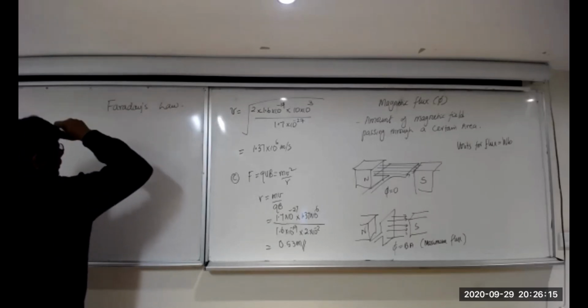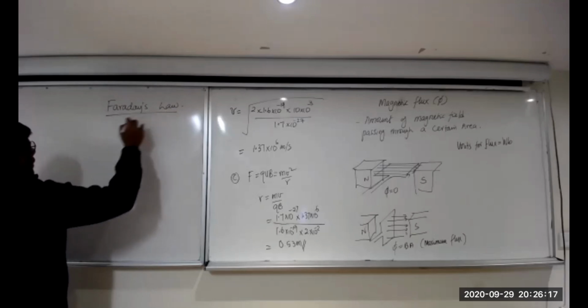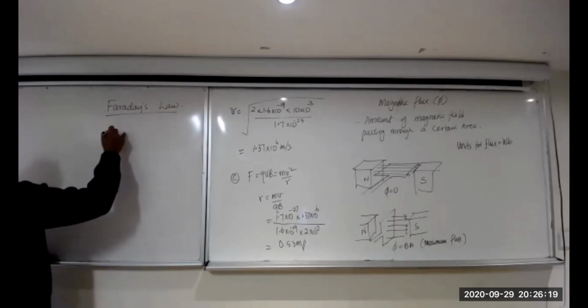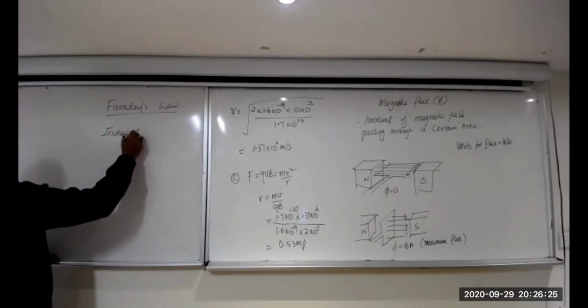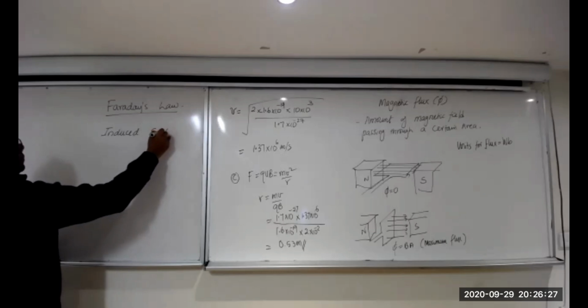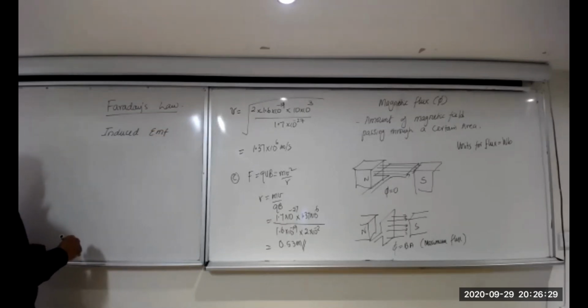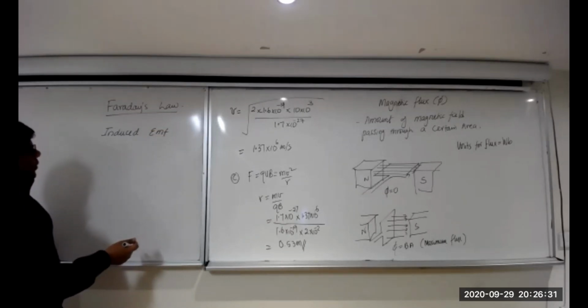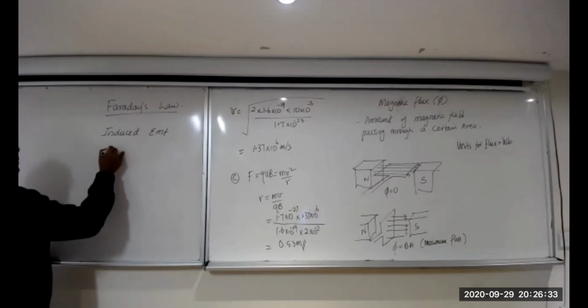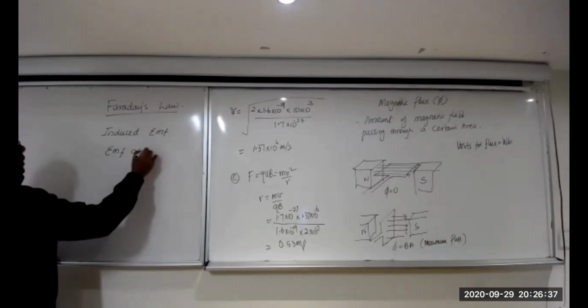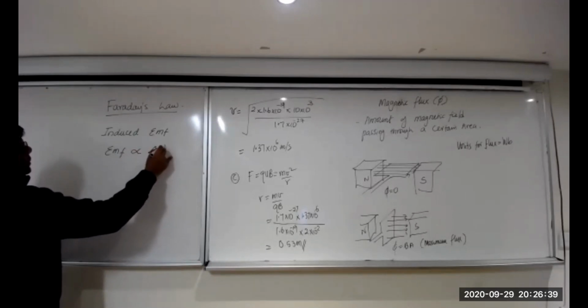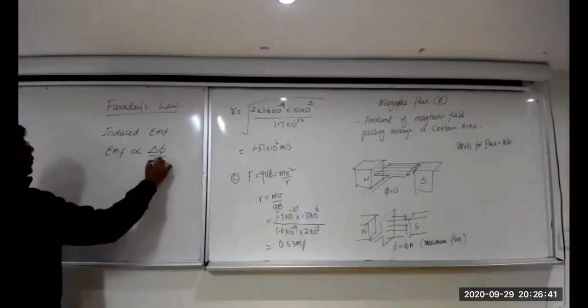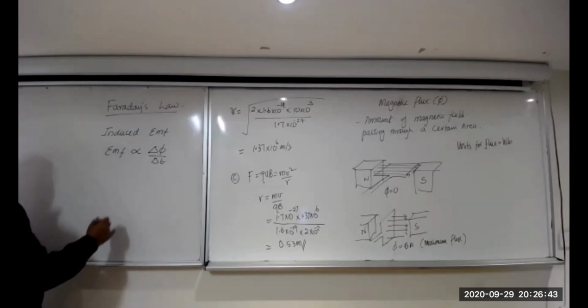Faraday's law: he's the guy who started to understand induced EMF. How do you produce electricity? Induced EMF means you're producing an electric potential. He said it is proportional to how quickly you're changing the flux, the rate of change of flux.